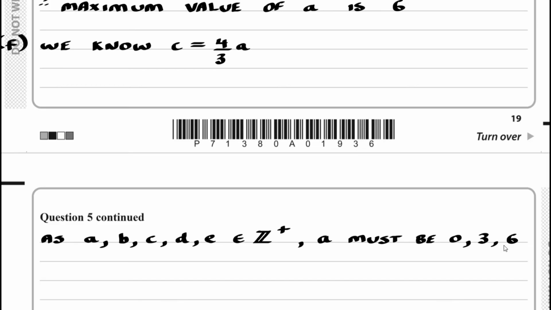Let's think about why. If A was say 2, then we have 4/3 times 2, which is not an integer. At least with A equaling 0, 3 or 6, that will force C to be an integer. And we know that the maximum value of A is 6.